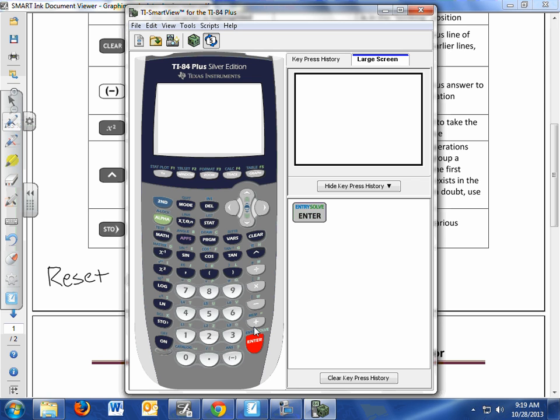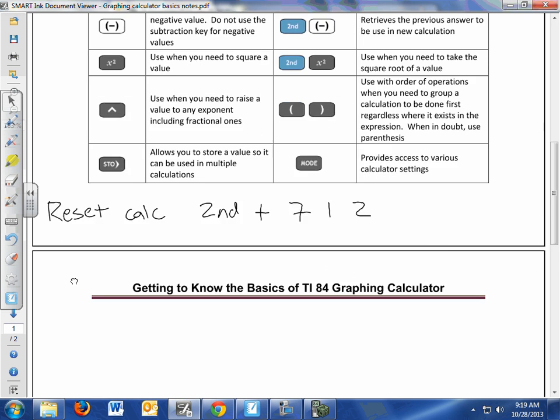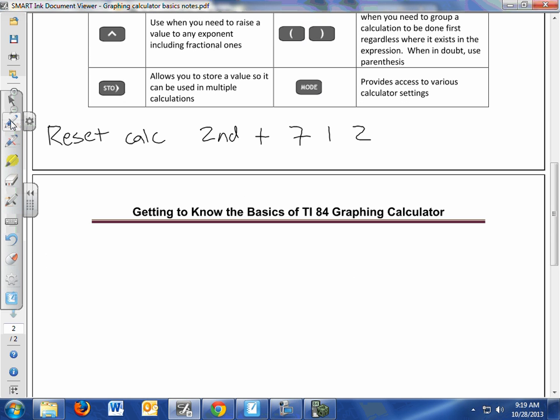All right. Well, on the top, we have these buttons that we haven't used yet. Y equals, Window, Zoom, Trace, Graph. These are going to be your graphing buttons. Okay, so let's flip on the back and let's take some notes on how to graph with your calculator.